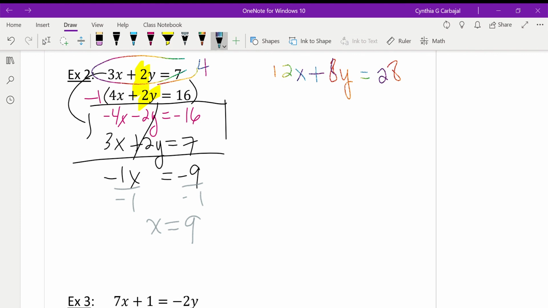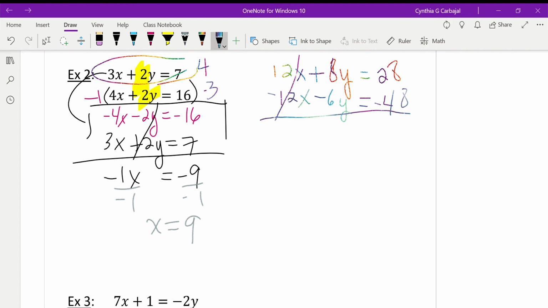I'm going to multiply by 3. Negative 3. That way I can get a negative 12 here when I multiply 3 times the 4. Negative 6y. And 18, carry 1. So negative 48. That way the 12s will line up and they will cancel out when I add.